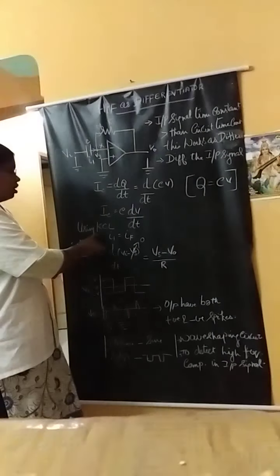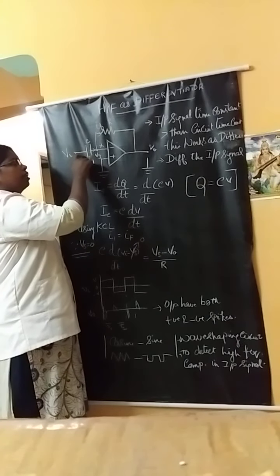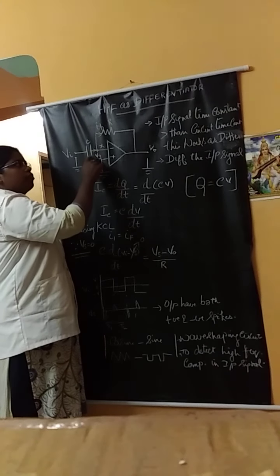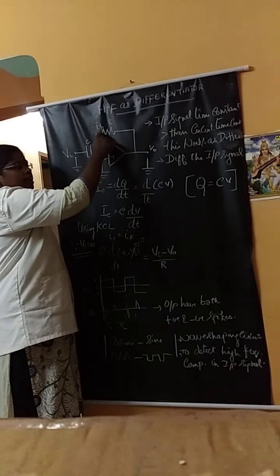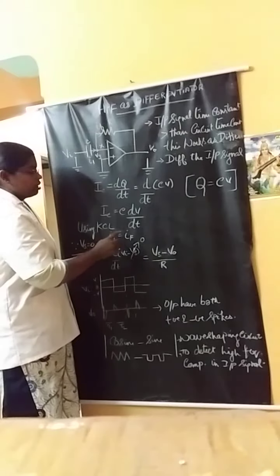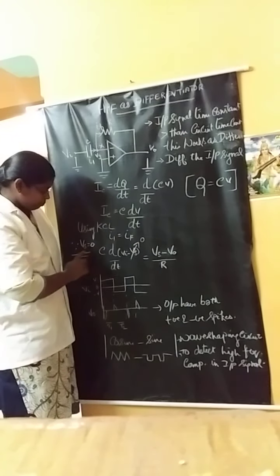Using Kirchhoff's current law here also, through the capacitor the current flowing is I1 and through the feedback resistor IF. Using Kirchhoff's current law, I1 equal to IF.